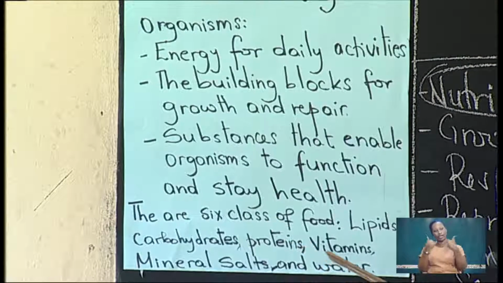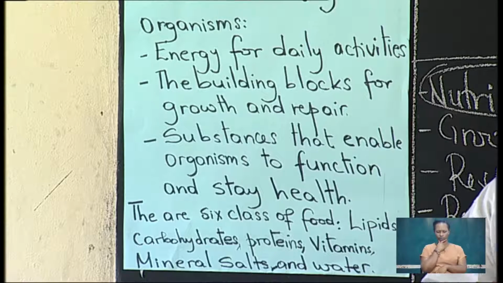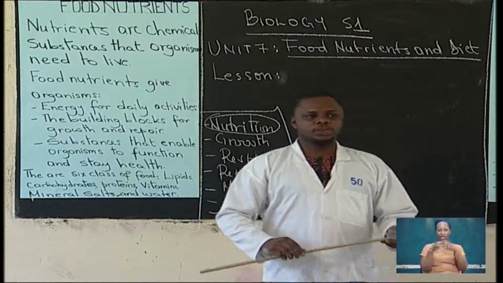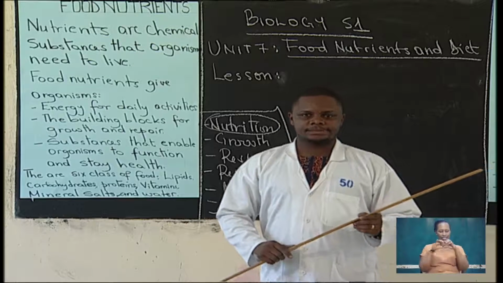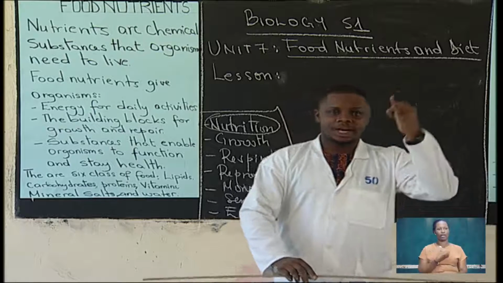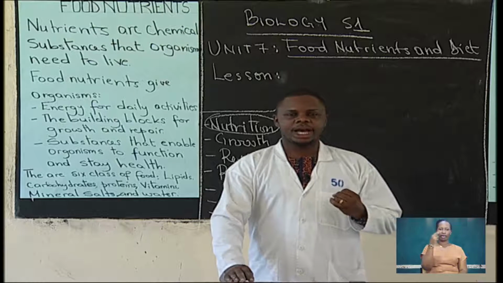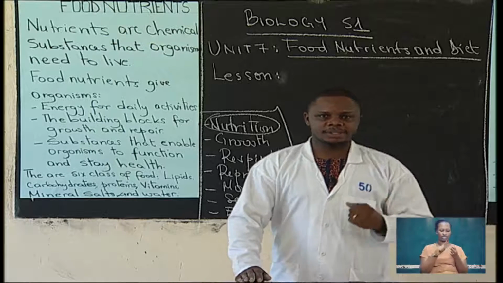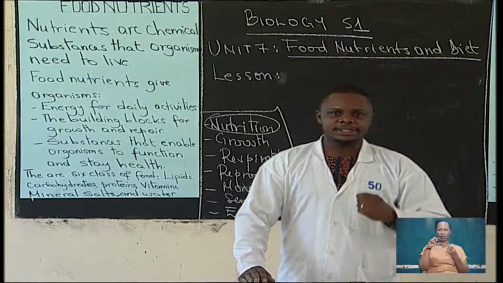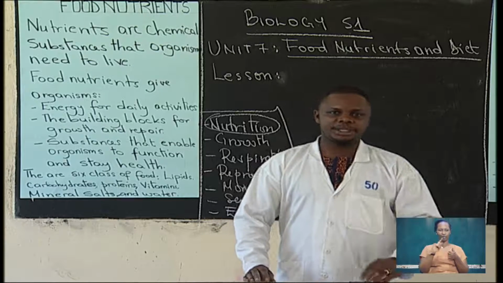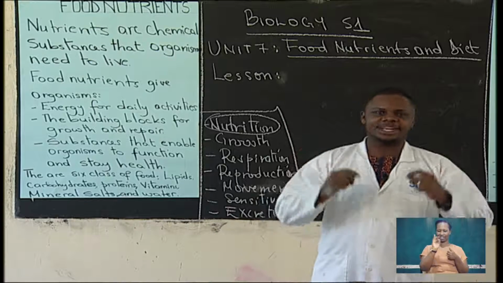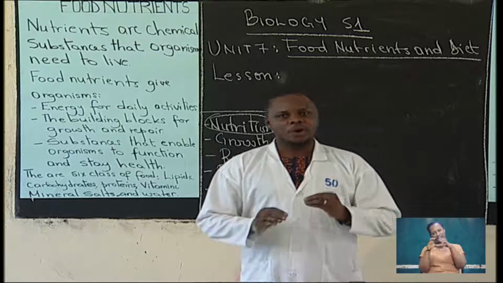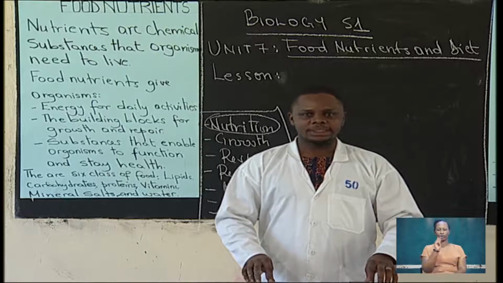Now, when we come to different nutrients, they are classified into 6 classes. We have carbohydrates, we have proteins, we have mineral salts, we have lipids, we have vitamins, we also have water. Those are 6 different classes of nutrients that our body needs.